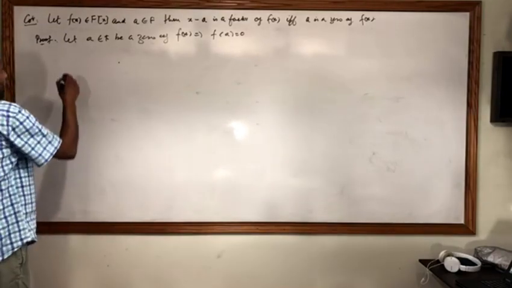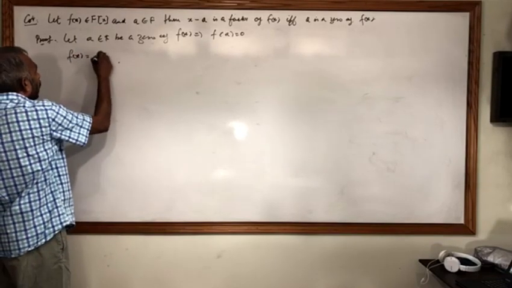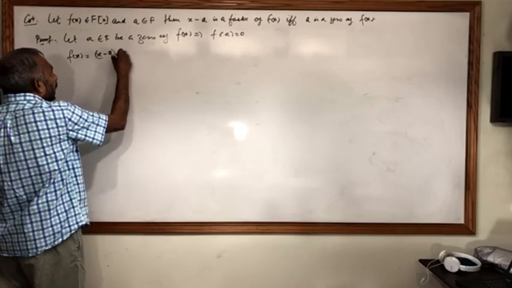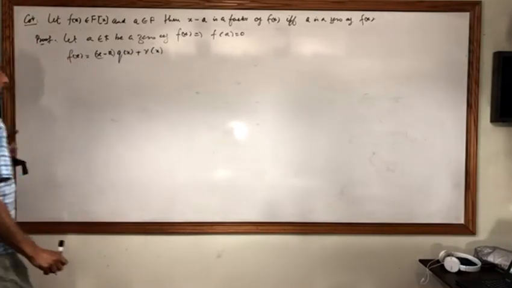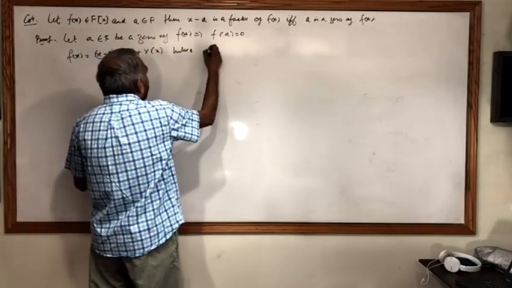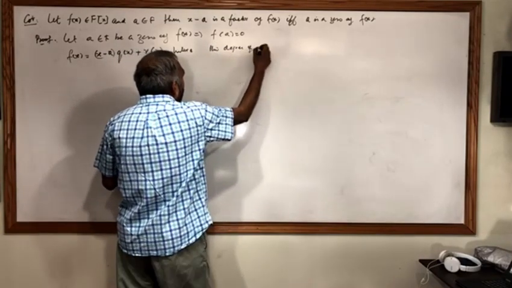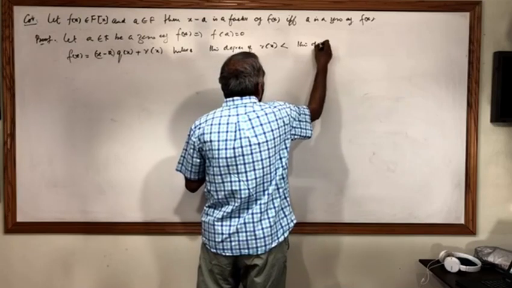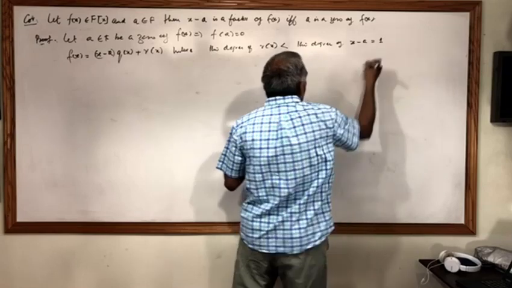Now, f of x is equal to x minus a, this is our g of x in our division algorithm, times q of x plus r of x, where the degree of r of x is strictly less than the degree of x minus a, and that is equal to 1.